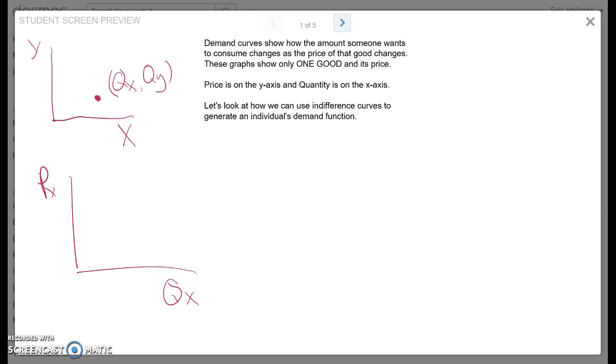Real quick note about demand functions in economics, and later on supply functions. A lot of times we are going to be writing demand functions like this: the quantity demanded is equal to 10 minus 0.5 times the price of x.